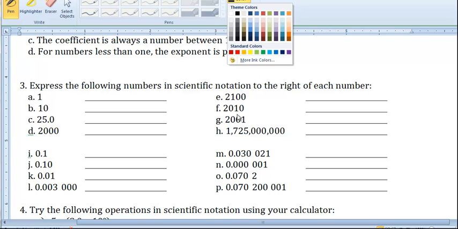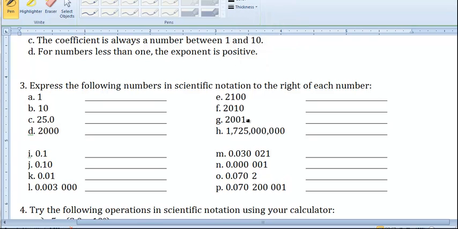So the number 2001, if we express that in scientific notation, the decimal point is sort of hanging out just on the right side of the number, just to the right of the 1. To express this in proper scientific notation, this decimal has to move over to this position.